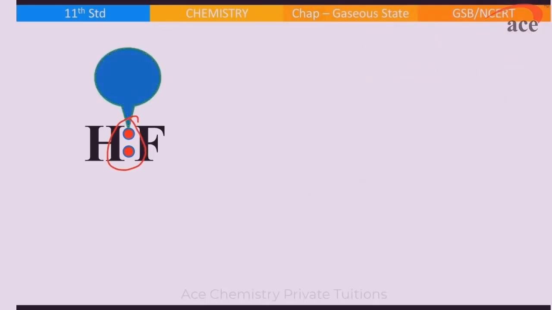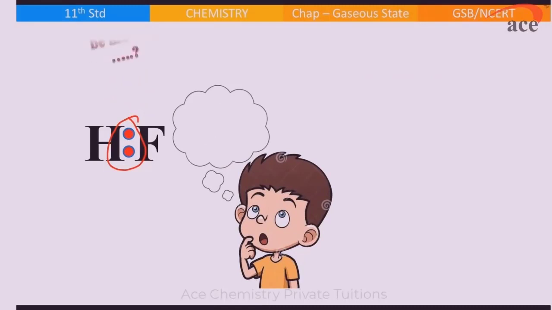You can check this. Now, when there is this mutual sharing, how can it be mutual? It can be because H is giving 1 and fluorine is giving 1, because they both want to have stability.